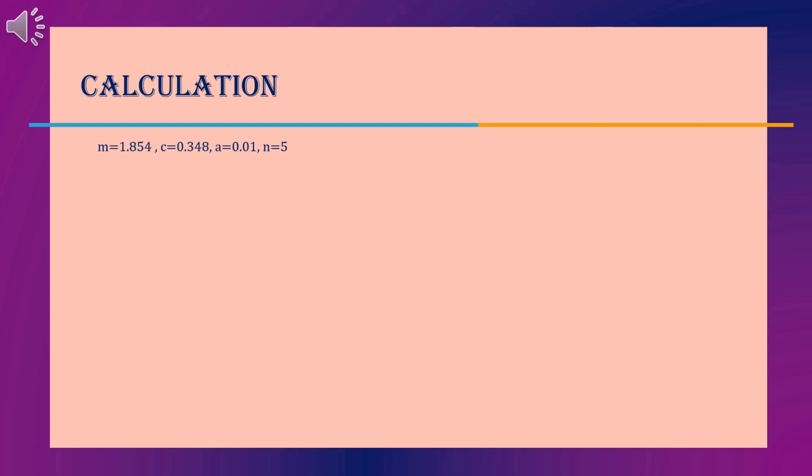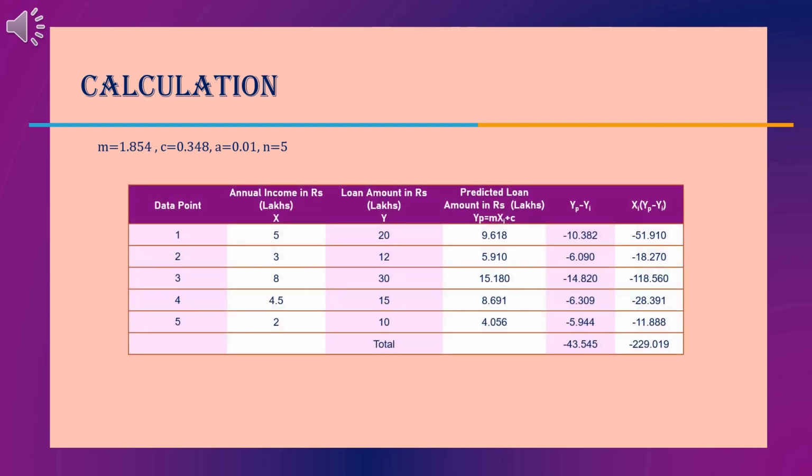The predicted y value is calculated with these new m and c values and shown in column 4. In the same way, the differences between predicted y values and actual y values are calculated and shown in column 5. Column 6 shows the product of x values and the differences. Their sums are shown in the last row.